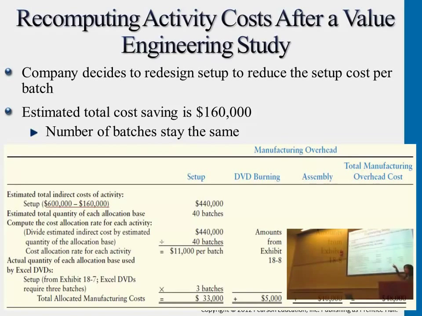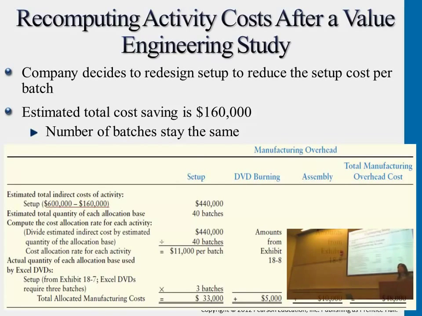So let's say after this decision is made, they do an analysis and understand that later on they're able to save $160,000. This is an estimation. So if this actually happens, at the end you'll be able to get manufacturing overhead cost of just $48,000 instead of the earlier $60,000. Okay, so this is just an example of the strategy that companies may come up with.